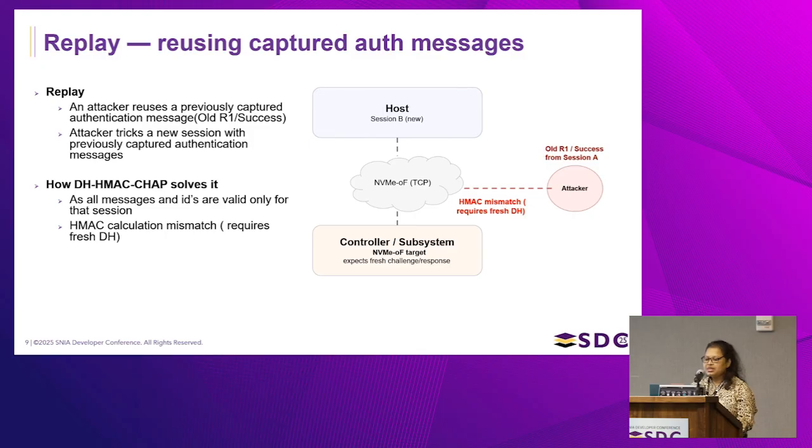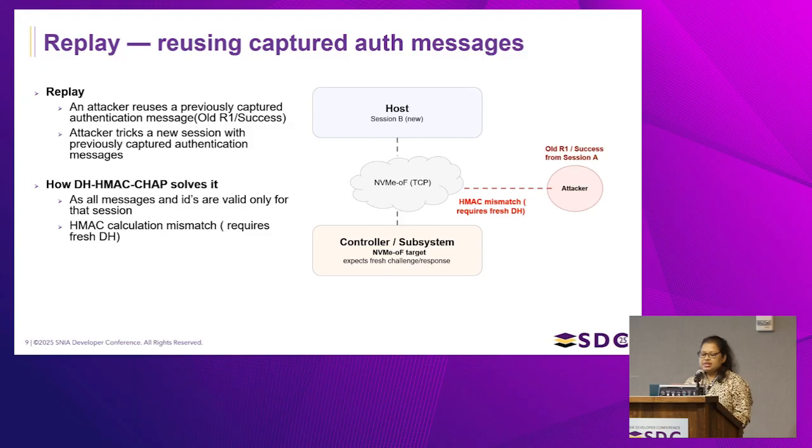Basically, all the messages and IDs are valid only for the previous captured session. Each run uses its own identifiers and per run values. So everything is basically temporary, and it's related to that particular session. The controller binds its verification to the session's context. So anything copied from a different session is out of context.